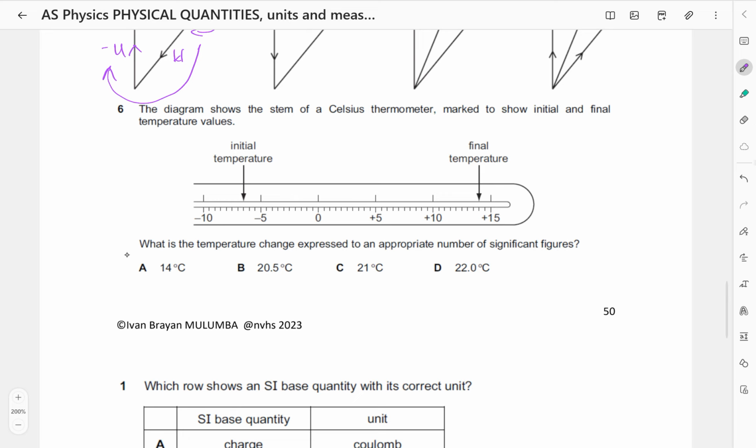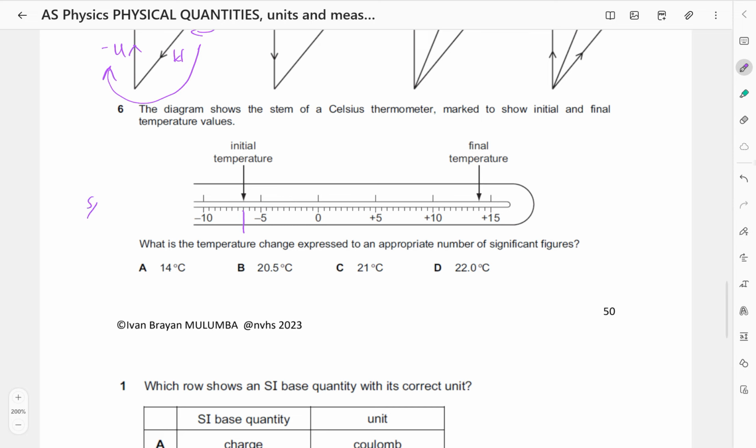The diagram shows the stem of a Celsius thermometer marked to show initial and final temperature values. What is the temperature change expressed to an appropriate number of significant figures? So this value is each division here. Between -10 and -5, we have 10 divisions.